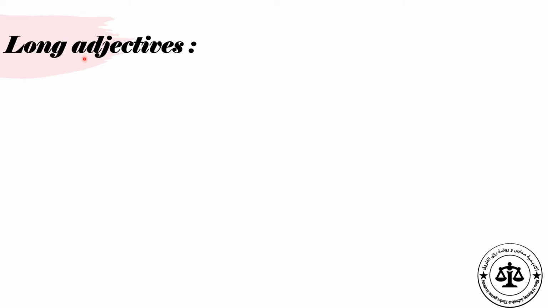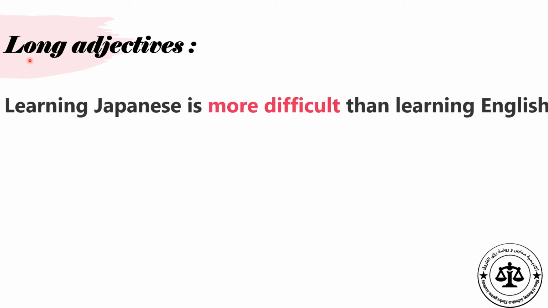Now, how can we form the long adjectives in comparative? Look at this example. Learning Japanese is more difficult than learning English. Long adjective means the adjectives that have more than one syllable. Look at this adjective, difficult.